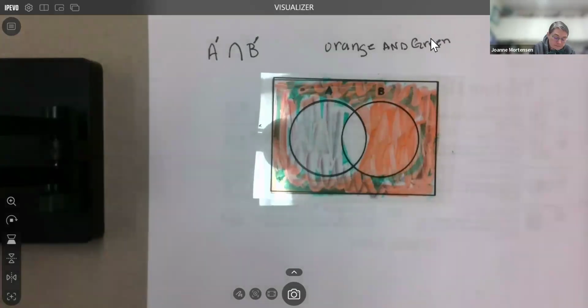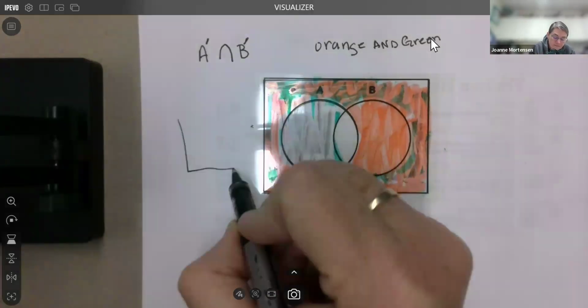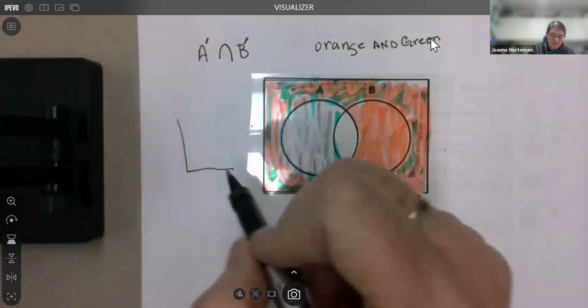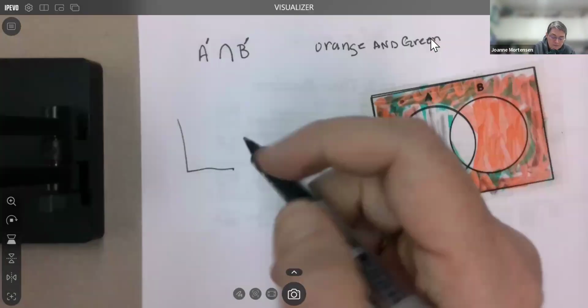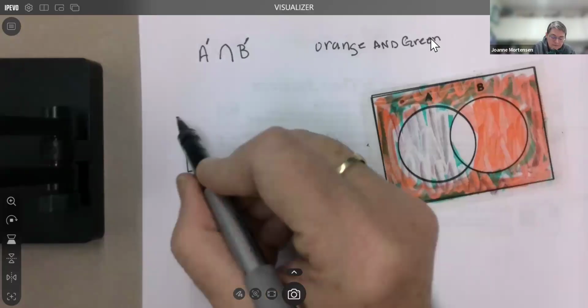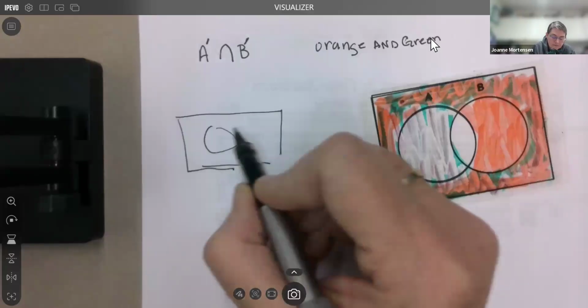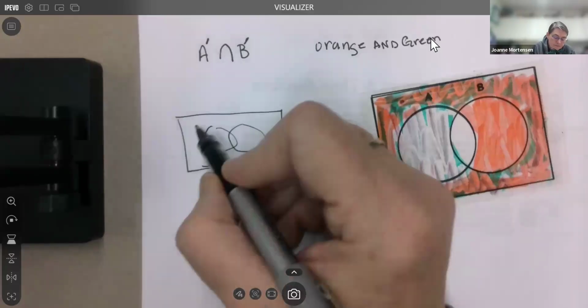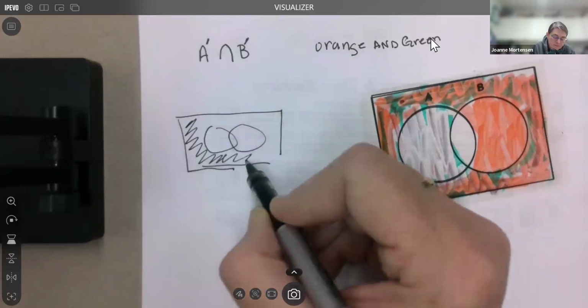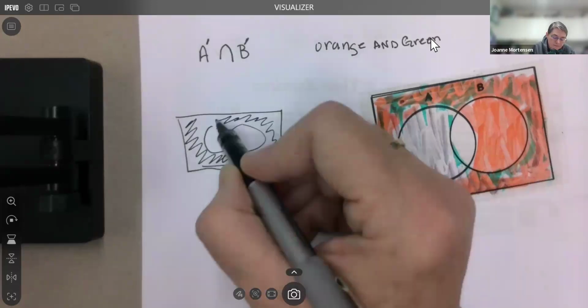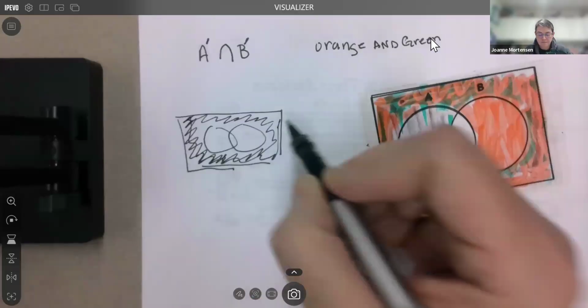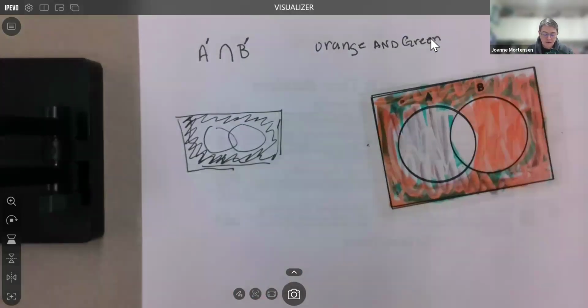So, you see over there? Move that. Boop, boop, boop. Ta-da!